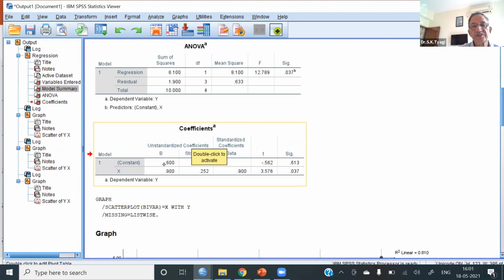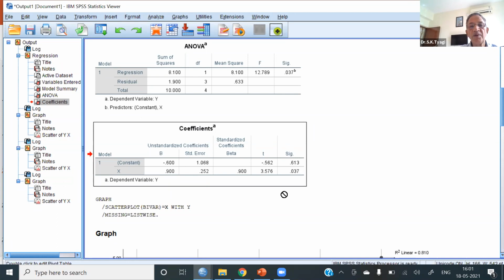Both of these are sometimes called B, although in our terminology this constant is A and this is B. The coefficients are minus 0.6 and 0.9. And therefore the regression equation is y is equal to minus 0.6 plus 0.9 into x. And we will understand tomorrow what the meaning of this is. Okay.